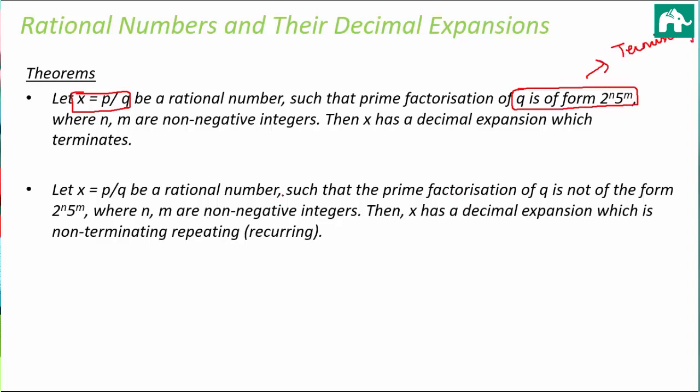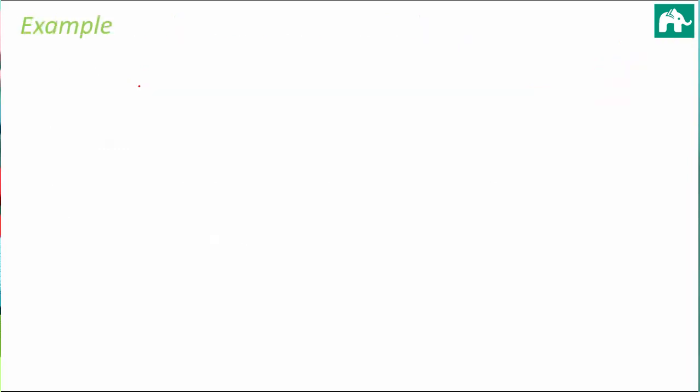But if q is not of the form 2 to the power n, 5 to the power m, that means this is going to be a non-terminating decimal. Simple. This is the only thing you need to do. So whenever you are given a rational number, just focus on the denominator q. Factorize it and see if you can write it in the form of 2 to the power n, 5 to the power m. Let us try a few examples.